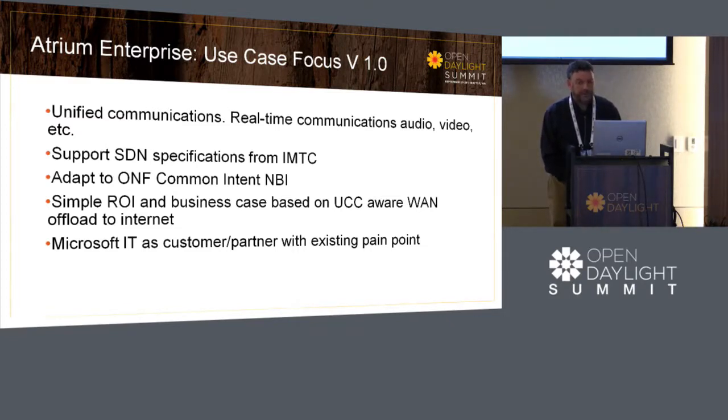We've been working in ONF to design a single northbound interface that could be put on all kinds of infrastructure controllers and provide a consistent interface, and I'll talk about that a little more. This is a nice use case because there's a very simple cost-based ROI. If they can go across all of their many branches across the world and reduce the WAN costs in each of them, it turns out to be pretty substantial.